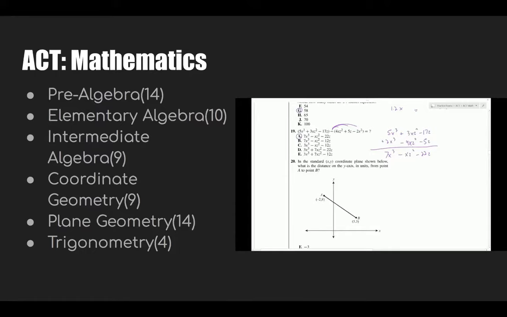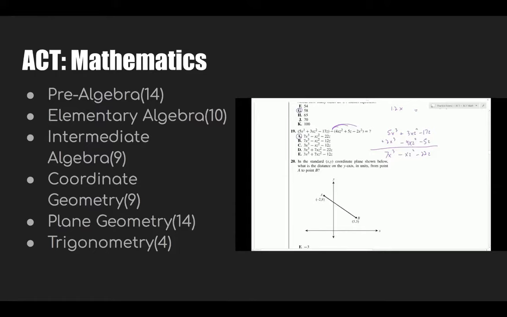A cool thing about the mathematics is that it's ordered so that the easiest questions come first and the hardest questions come last. It won't be in exact order. There might be a harder question among the easier ones, because the ACT doesn't know which one's easier or harder for every single person.